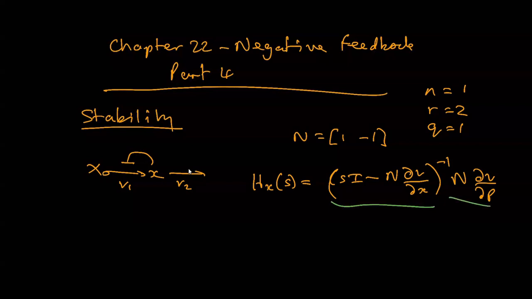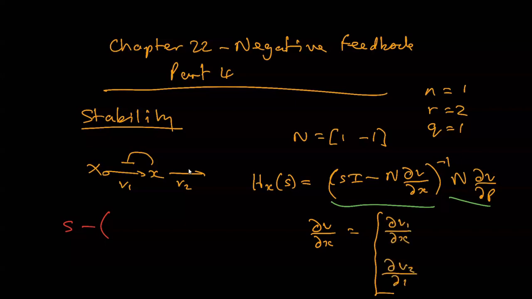We don't care about that. So I is basically going to be 1. So let's do that. So it's s minus. Now this thing n, I guess let me write down dv by dx is the critical vector or matrix, depending on the size of the system. dv1 dx, dv2 dx.